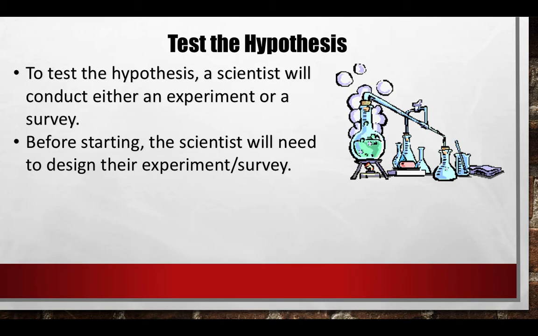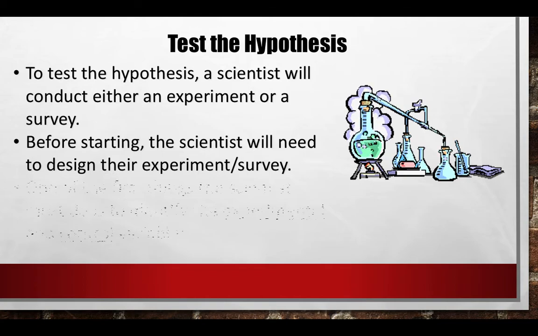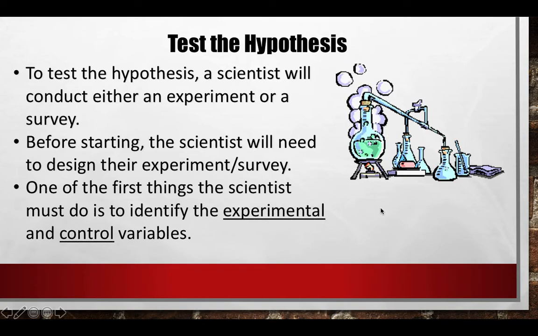He just doesn't start out, and he actually has to think about several different things. And one of those things the scientist has to do is to identify what are called the experimental and control variables. So we talked about independent and dependent variables, which you can identify in the hypothesis, and which you would use to help write your hypothesis.